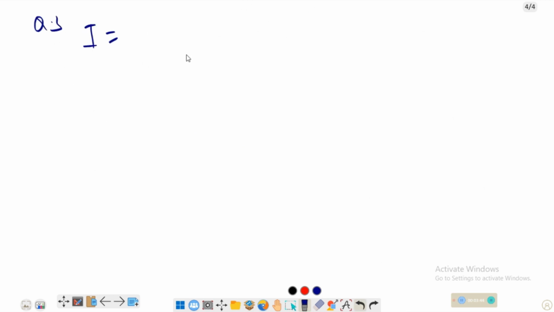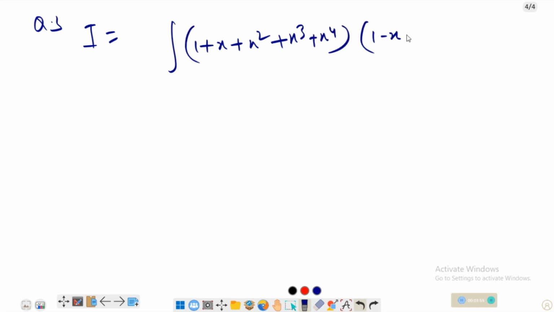I is equal to the integration of 1 plus x square plus x cube plus x to the power 4 into 1 minus x plus x square minus x cube plus x to the power 4 dx.